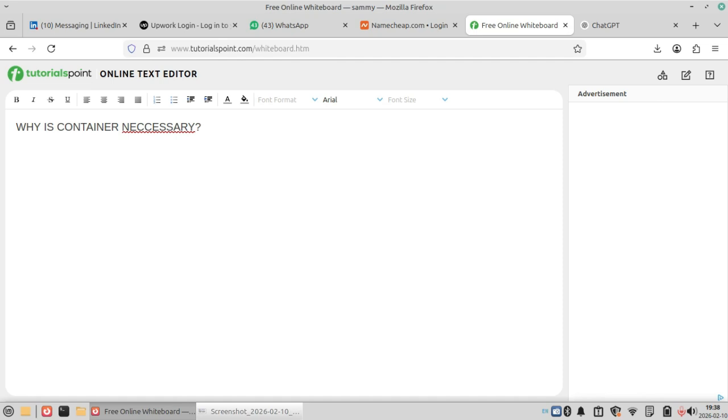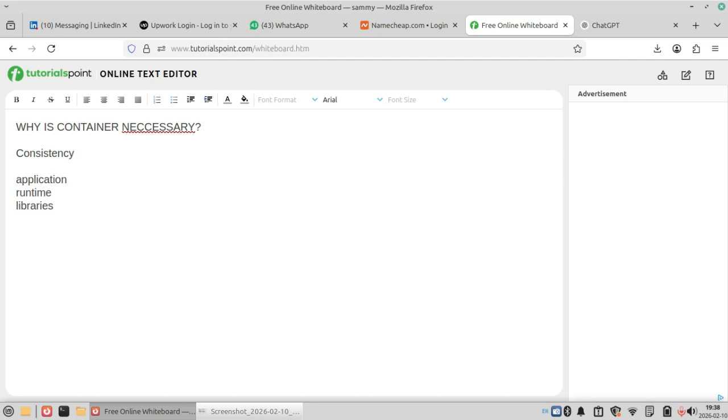The industry moved to containers because containers help with consistency across environments. When you package an application as a container image, you package the application itself, all right? You also package the runtime, you package the libraries, then you also package its file system.